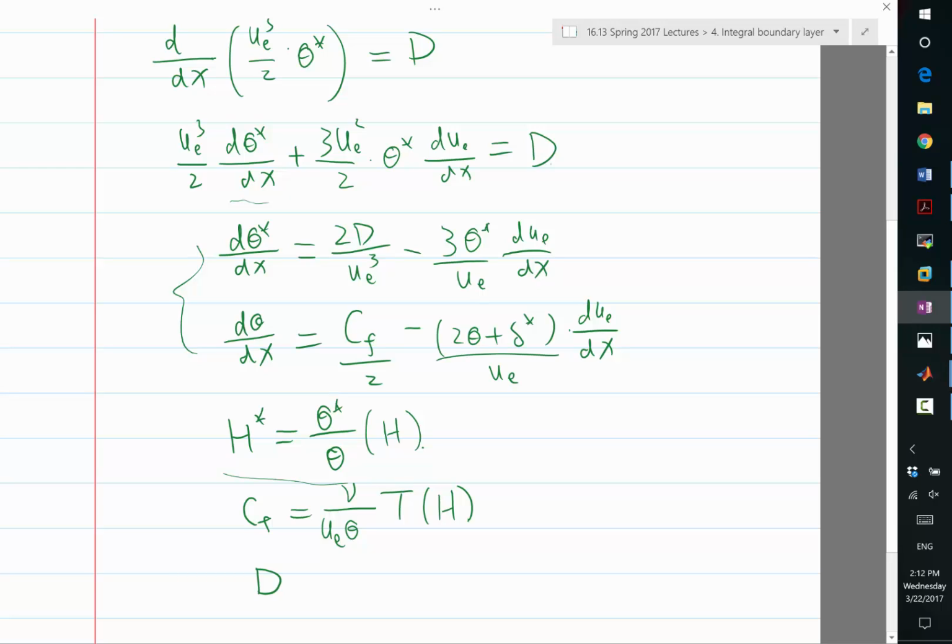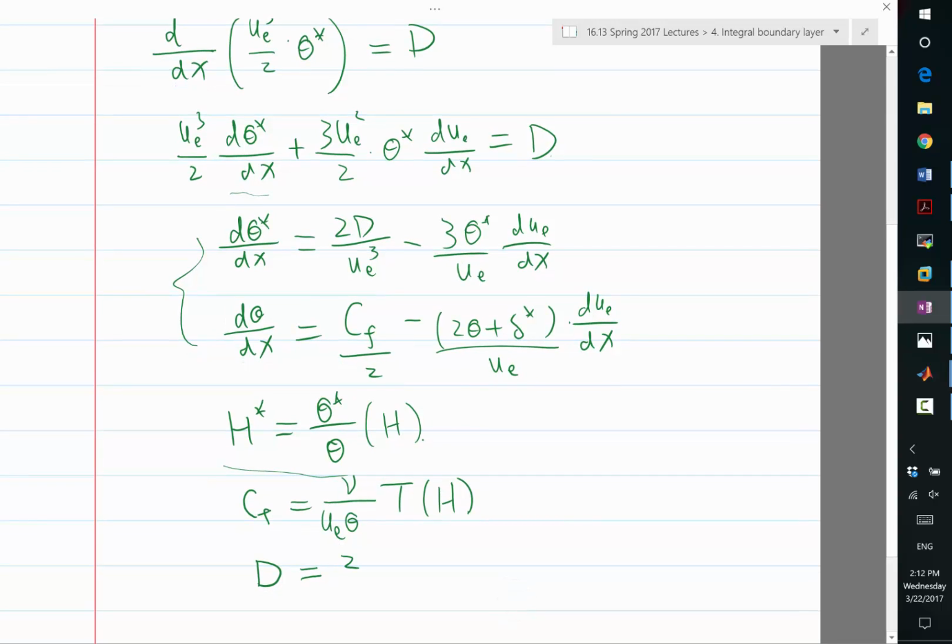So first, let's non-dimensionalize it. It is going to be non-dimensionalized with respect to ue cubed, right? So D is going to be equal to a non-dimensionalized version of ue, which is ue to the cube times a CD, a dissipation coefficient.